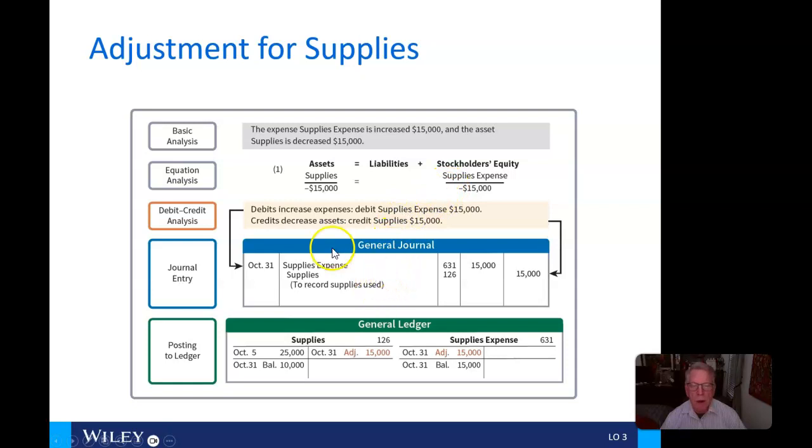Debit supplies expense, credit supplies, because we've used up those supplies. And that adjusting entry is shown here in the general ledger as a credit to supplies and a debit to supplies expense.